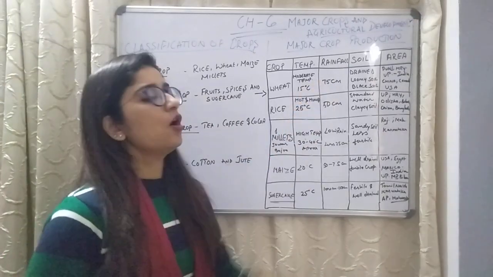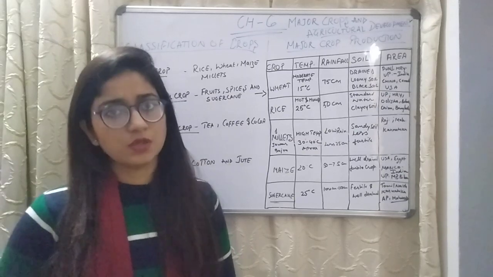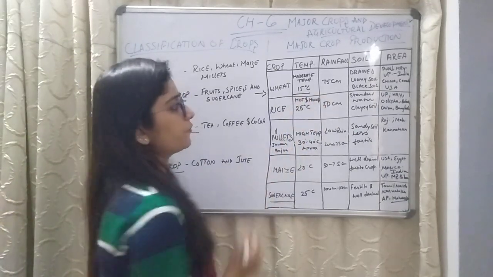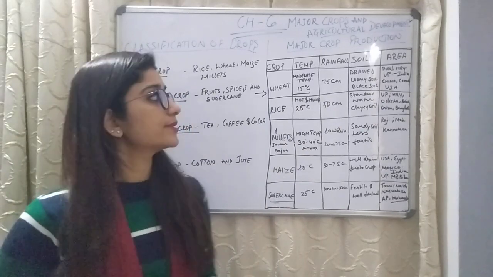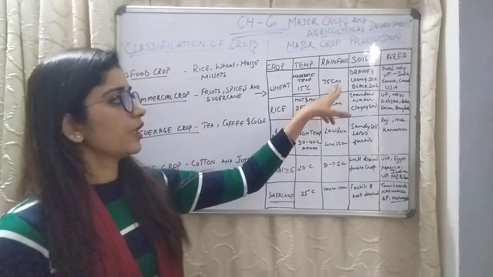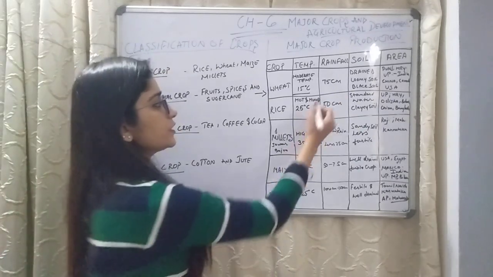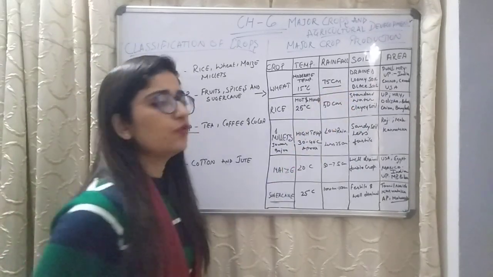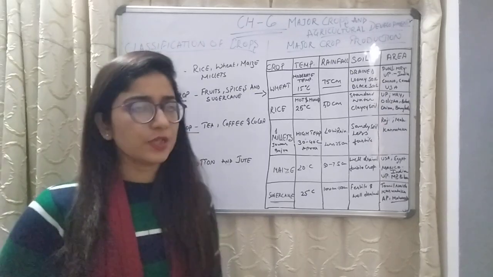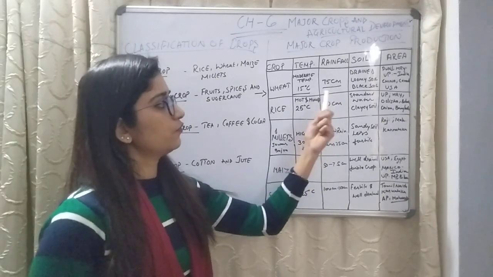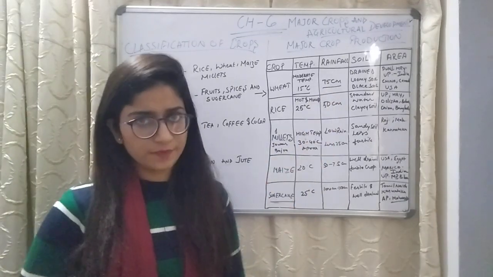So let's understand, if we grow wheat, what kind of temperature is required? It requires moderate temperature, nearby 15 degrees Celsius. The rainfall required for wheat production is 75 centimeters.